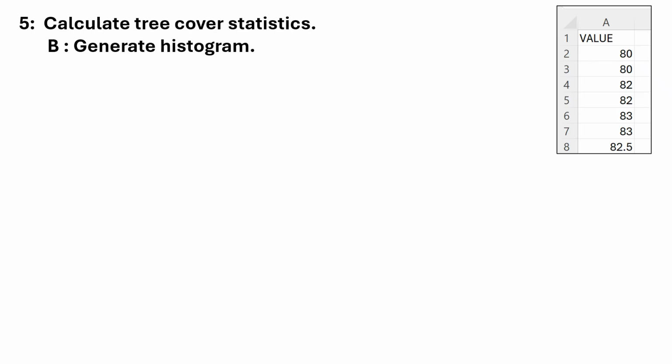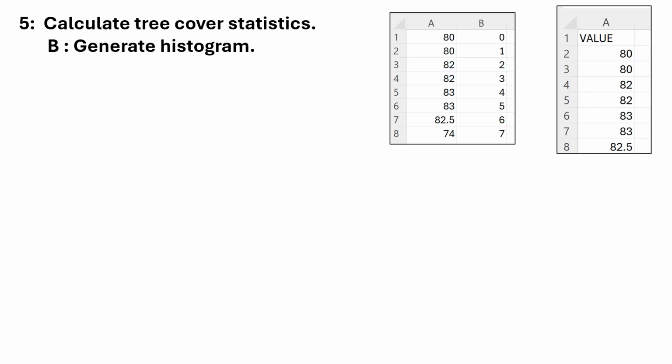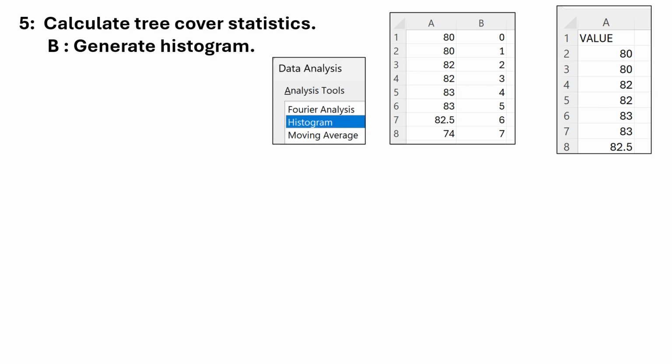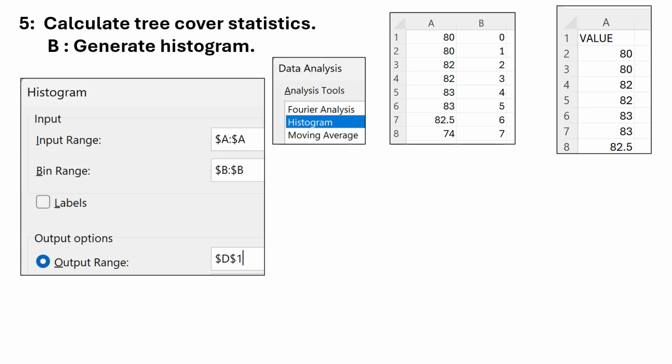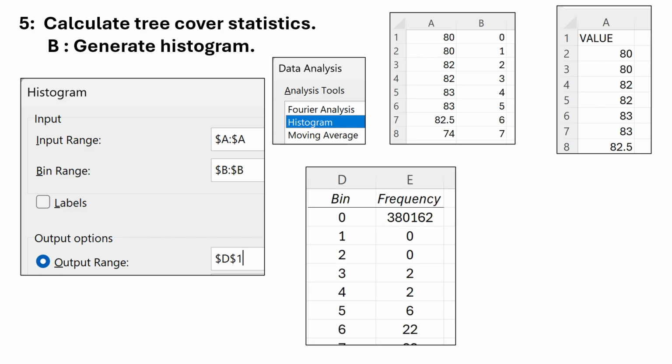To create a histogram of pixel values using Excel, remove the pixel value header and add a bins column. Choose the histogram tool, set up the histogram, and run the tool.